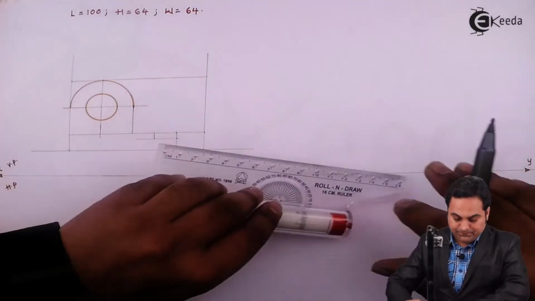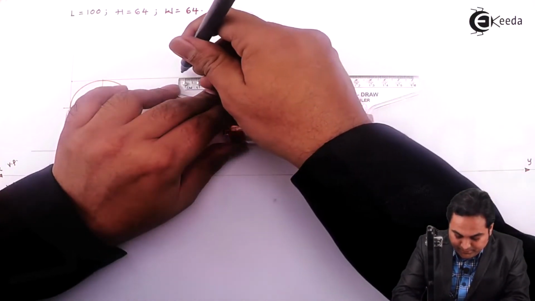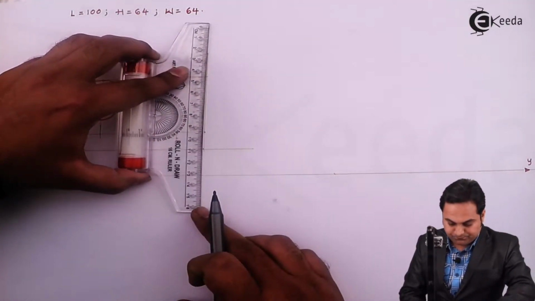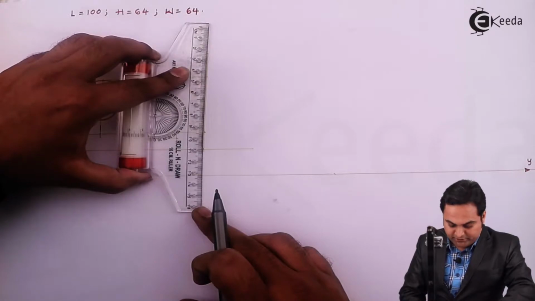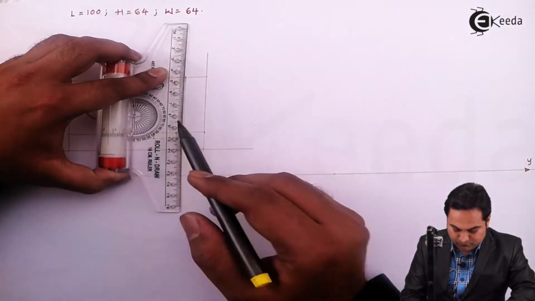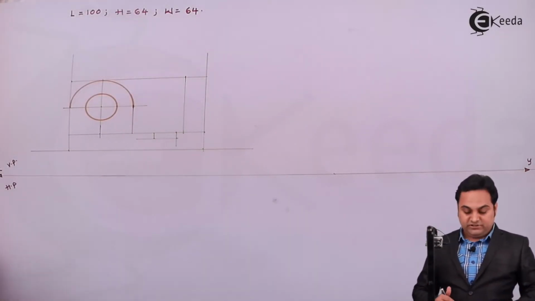So for that, I'll measure the length as 15 mm and then project it with the help of a light line. So this is the semicircular part whose thickness is visible from the front.